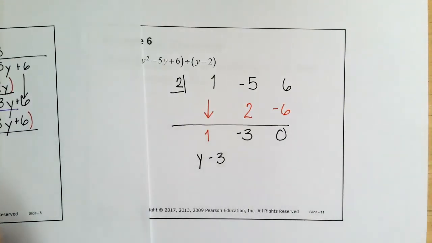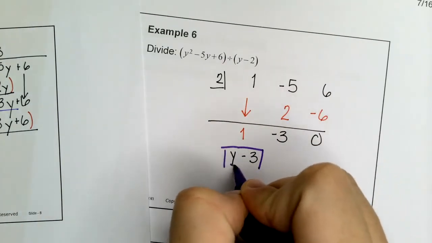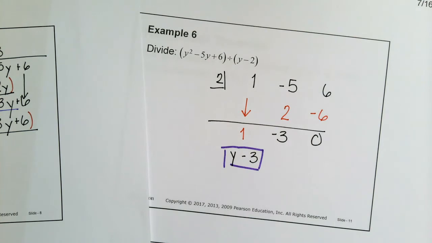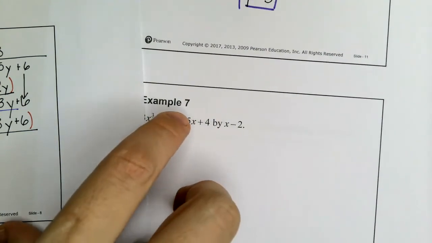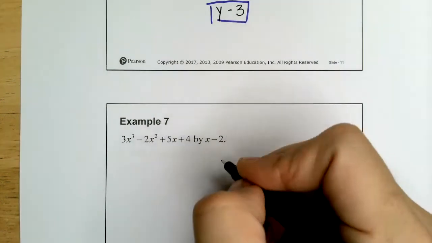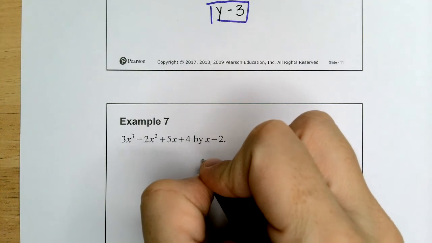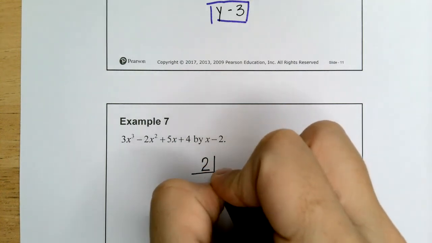Last one. Now example 7. In my divisor box, I have a positive 2.